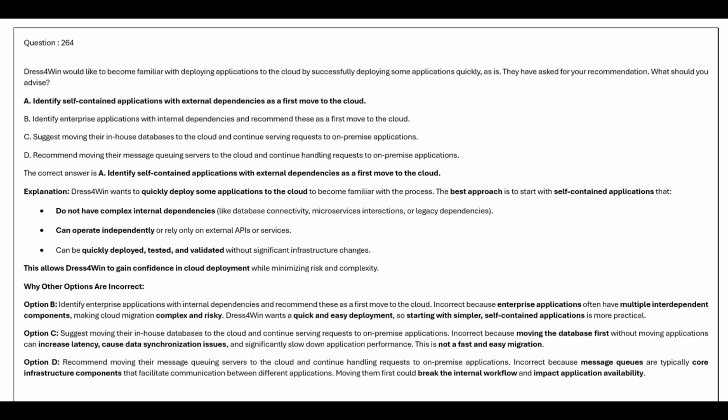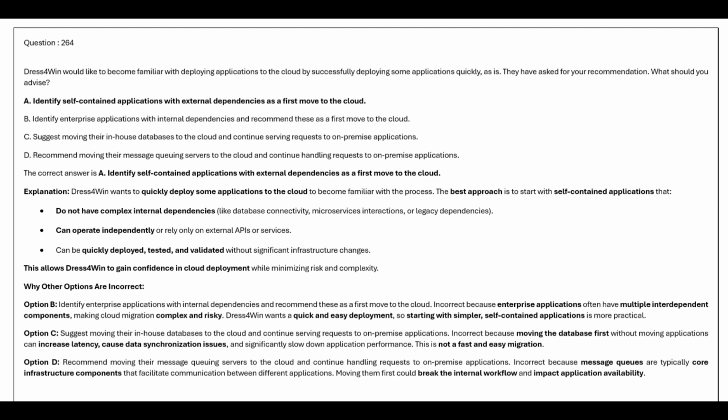They can operate independently or rely only on external APIs or services. They can be quickly deployed, tested, and validated without significant infrastructure changes. This allows Dress4Win to gain confidence in cloud deployment while minimizing risk and complexity.